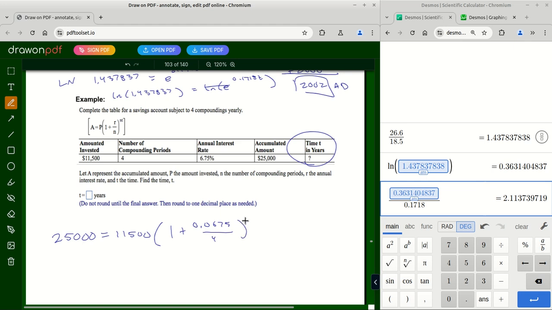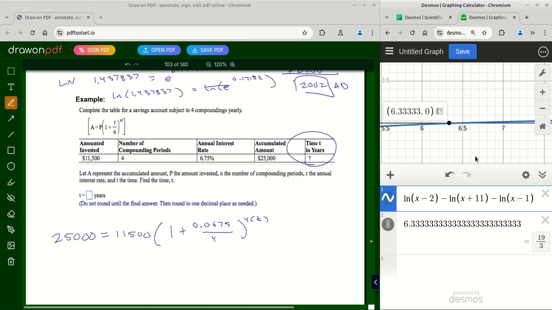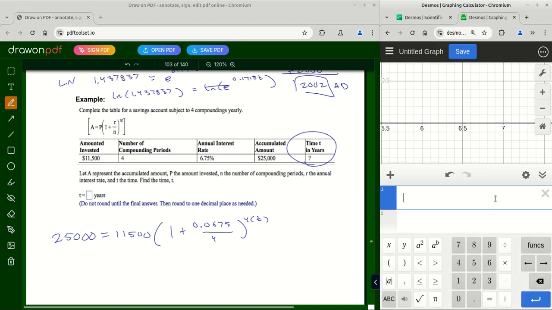Compounding periods is 4, and then 4 times t, because I don't know how much t there is. And I need to solve for t. I want to use Desmos. Just between you and me, I did this by hand on my workbook, but it's totally not worth it. I'm sorry. It takes forever, and then you're left wondering, why did I do all that when Chad's just showing me Desmos, right?